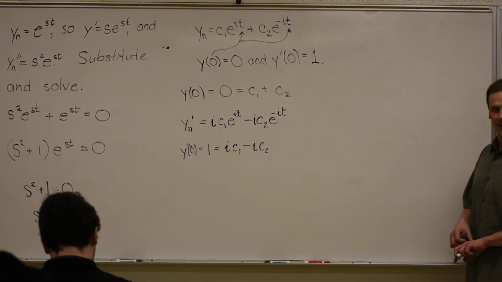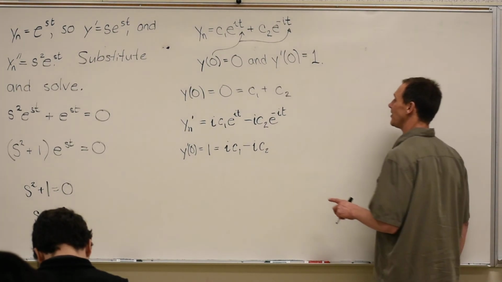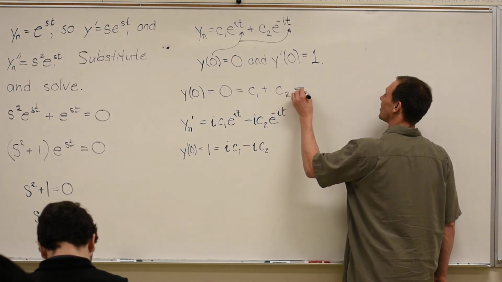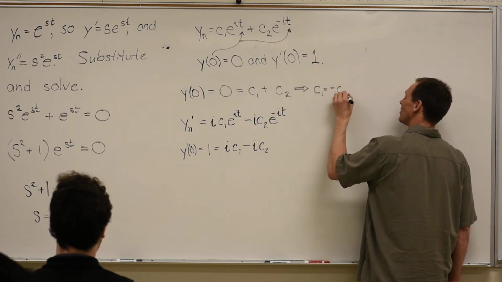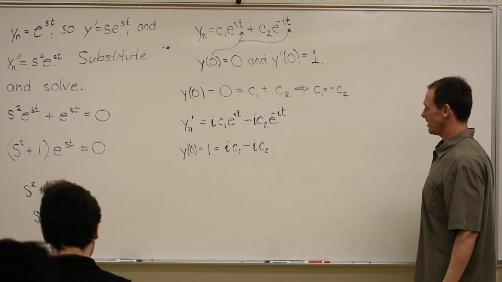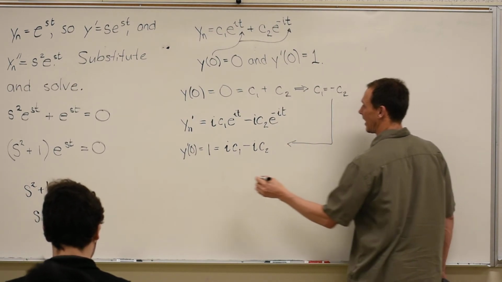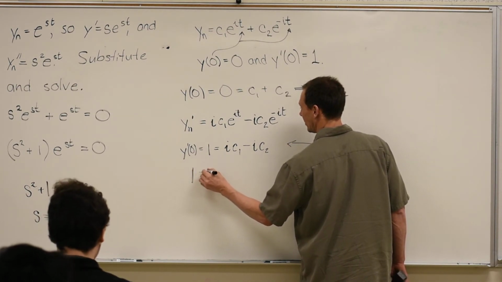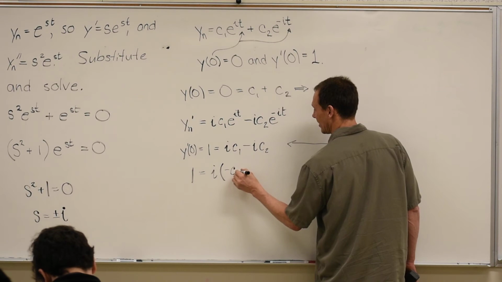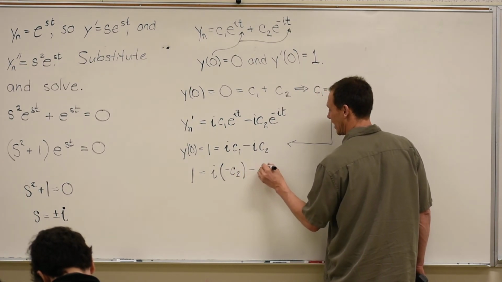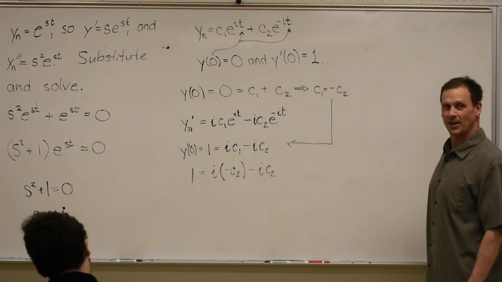You could solve this a number of different ways, really up to you. How about if we say this would tell us that C1 is minus C2. And so if we use that down here, we have 1 equals i C1, which is minus C2, minus i C2. Did I make a mistake?